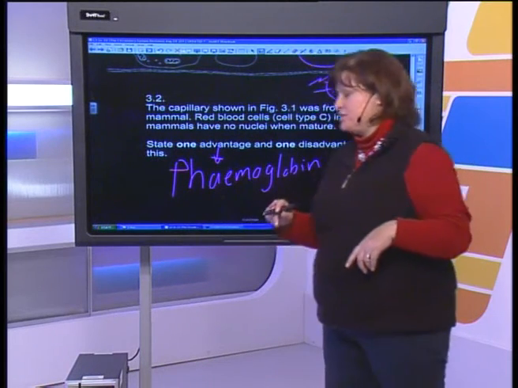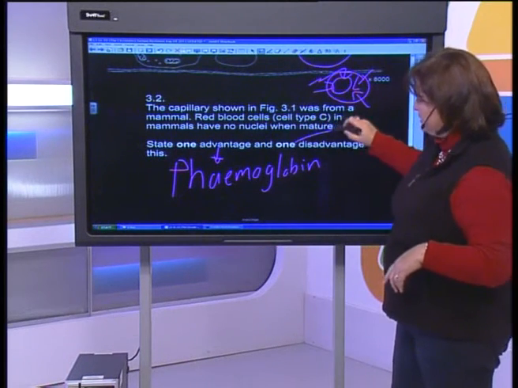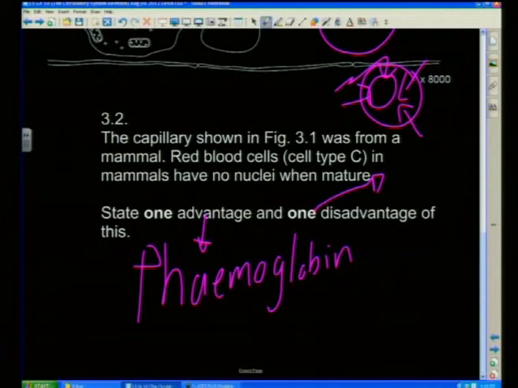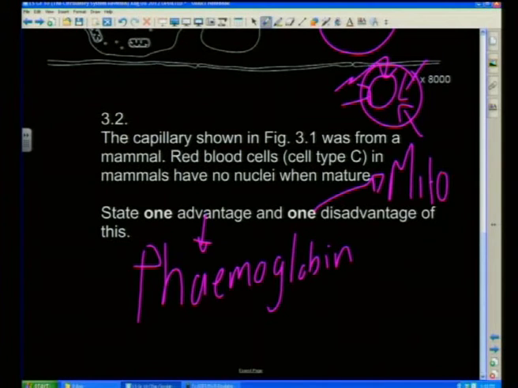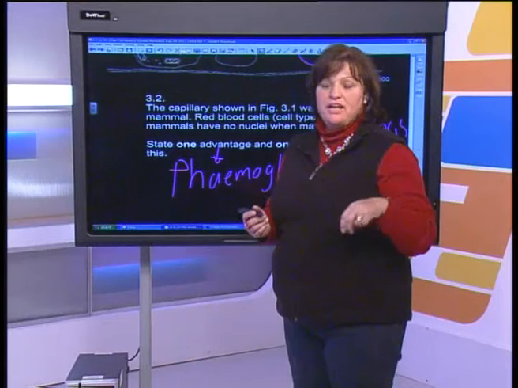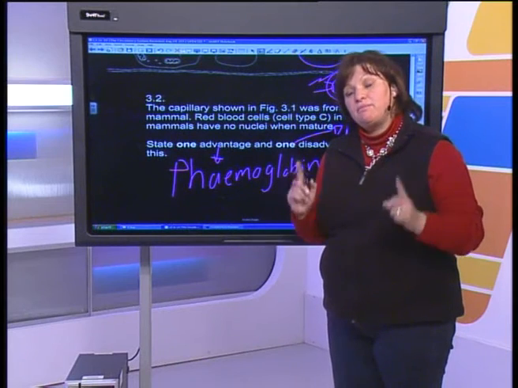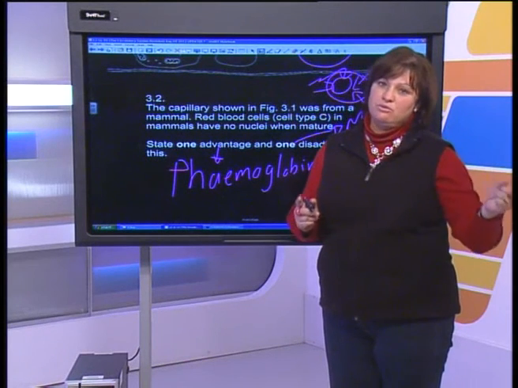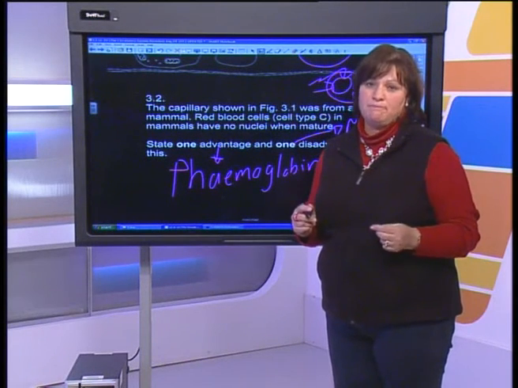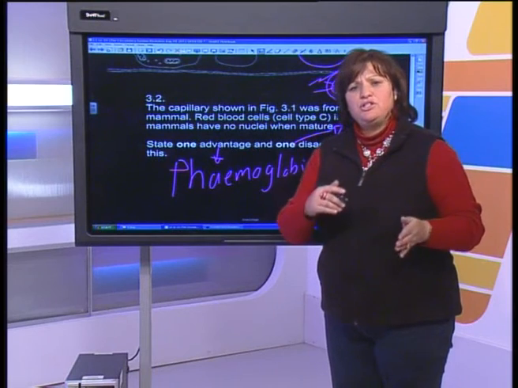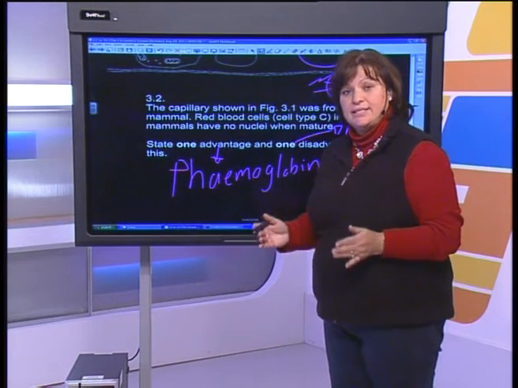The disadvantage, what could be the disadvantage? Cells with a nucleus can very often divide by mitosis. Red blood cells are not able to do that. Now, if they can't do that, that means that the responsibility to make more red blood cells falls onto another part of the body. Before you did the circulatory system, you probably did the skeleton.